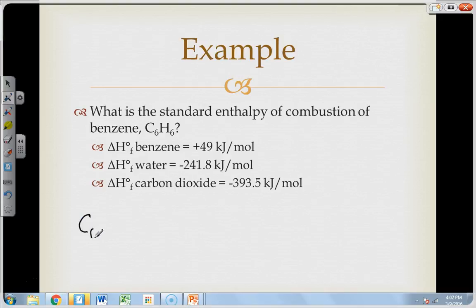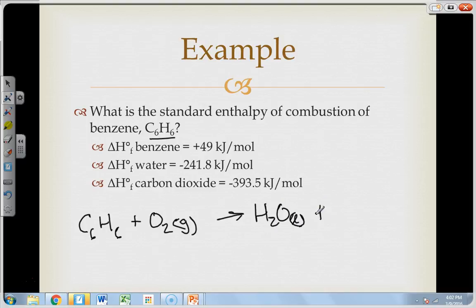A combustion reaction is whatever compound you're burning, C6H6, that's benzene, plus O2 gas, and that reacts to form water, H2O, which is liquid, plus CO2, which is a gas.